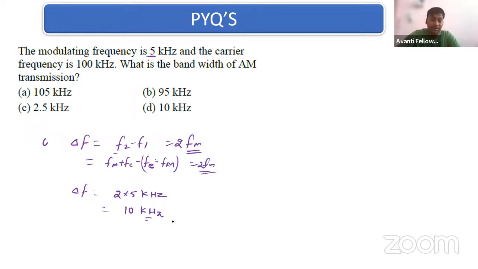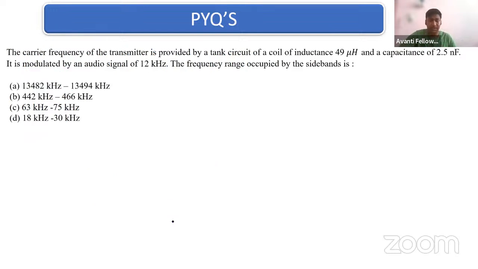Okay, now see this question and try to tell me what the answer will be. See this question carefully. It is given that the carrier frequency of the transmitter is provided by a tank circuit, a coil having inductance 49 microhenry and capacitance 2.5 nanofarad, and it is modulated by an audio signal of 12 kilohertz.